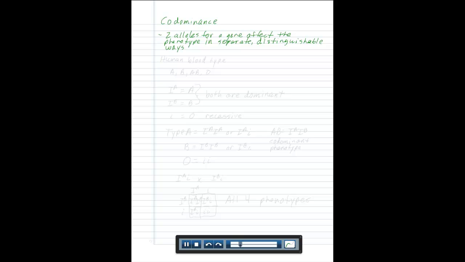An example of codominance is human blood type. There are four human blood types using the ABO system. Those types are type A, B, AB, and O. Genetically, blood types are represented by three different alleles.